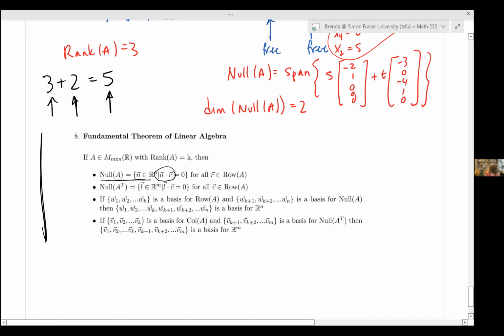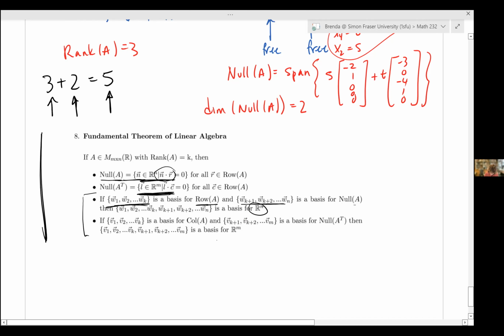And then here you can see the same thing. In fact, if you want to think about it in terms of a dot product, it applies here on the null space of the transpose with the columns instead of the rows. So write out a matrix and write out what Ax equals 0 and A transpose x equals 0 looks like, what the linear combinations are, and convince yourself you can see it in this method of using the dot product to state it. And then we have 2 additional statements here: if we have a basis with k vectors for the row space of A, and then we have a basis for the null space of A, then the 2 of them together, all of those vectors concatenated together, is a basis for Rn.